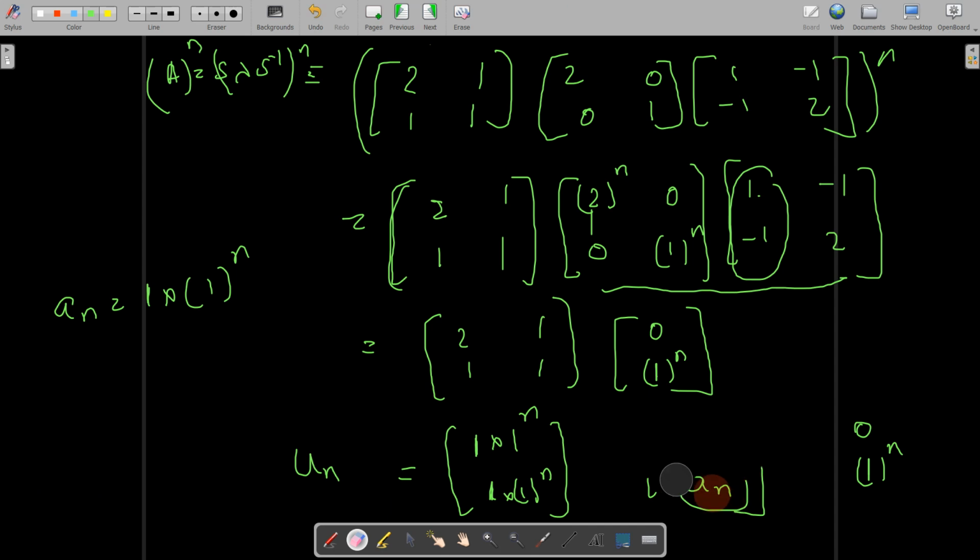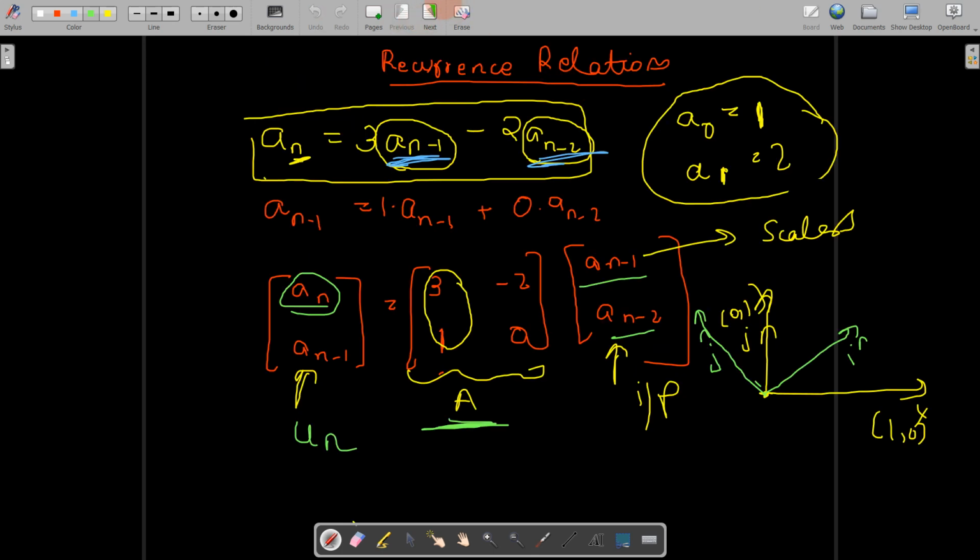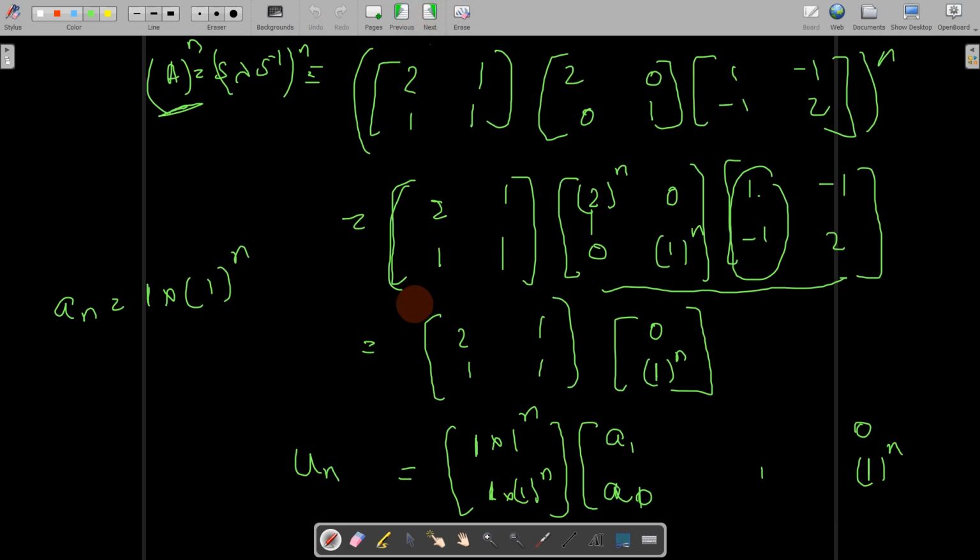Okay guys, here we calculated S lambda S inverse to the power n. But this is just A power n, right? To get un, you have to multiply it by your initial u0. u0 was a1 and a0, our initial base case conditions 2 and 1.